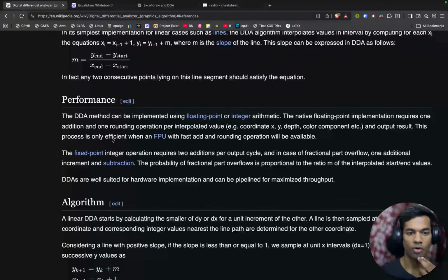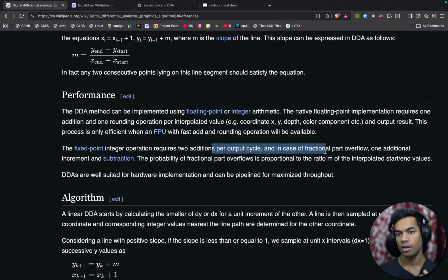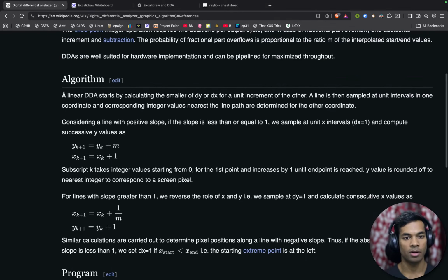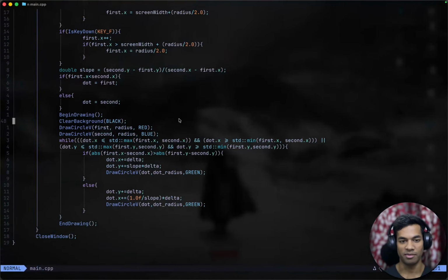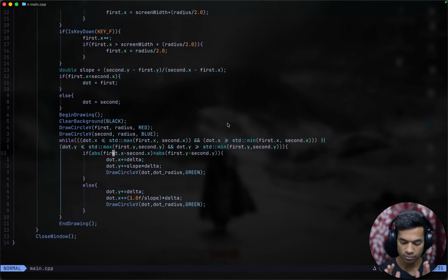Okay, performance. The fixed point integer operation requires two additions per output cycle, and in case of fractional part overflow, one addition. Well, let's look at the algorithm. A linear DDA starts by calculating the smaller of dy or dx. Yes, okay, that is by mistake what we did. Here we are checking on which dimension, x or y, we have more distance to travel.